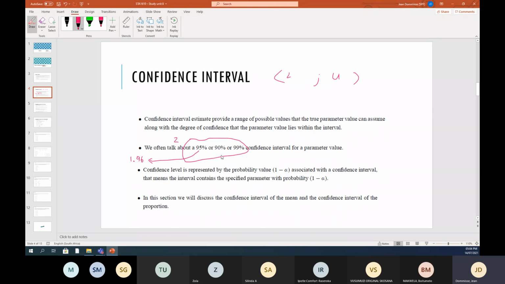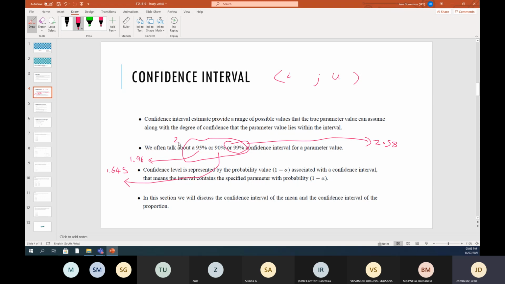When we deal with a Z value at the 90%, it will always be 1.645. And when we talk about the 99%, the Z value will always be 2.58. That is something you can use later on as a guide as well.